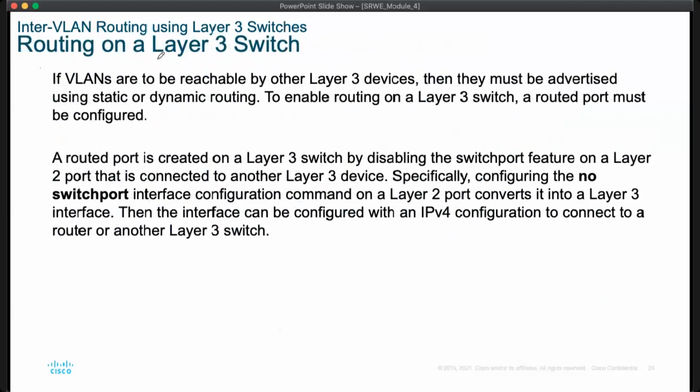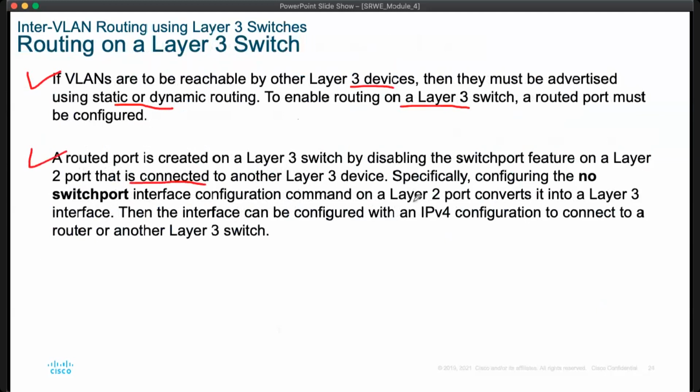Routing on a layer 3 switch. If a VLAN is to be reachable by other layer 3 devices, then it must be advertised using static or dynamic routing. To enable routing on a layer 3 switch, a routed port must be configured. A routed port is created on a layer 3 switch by disabling the switchport feature on a layer 2 port that is connected to another layer 3 device.